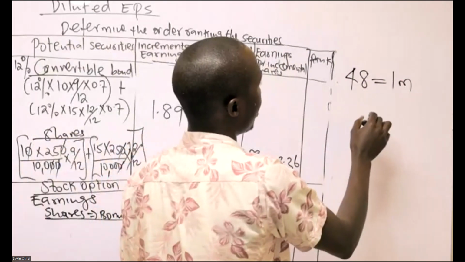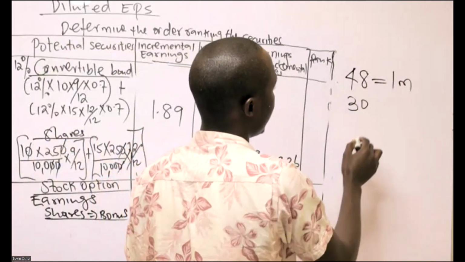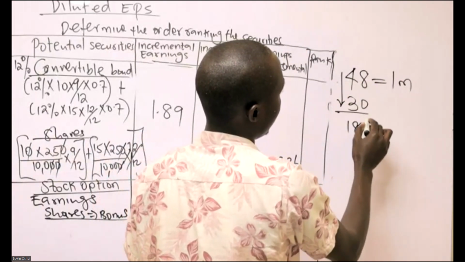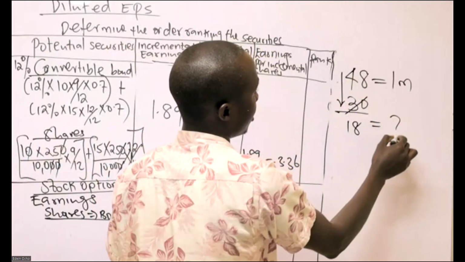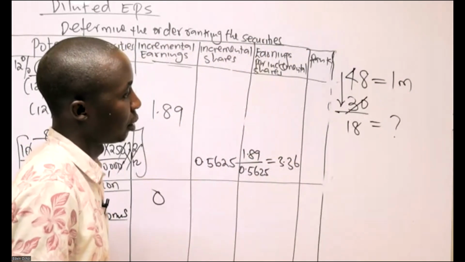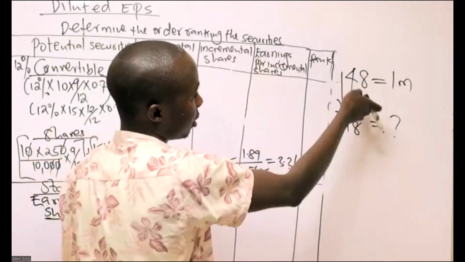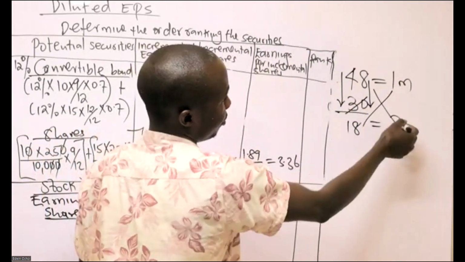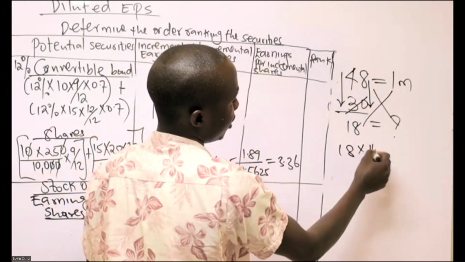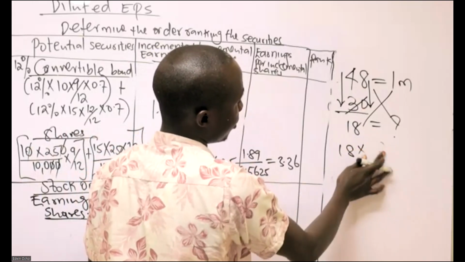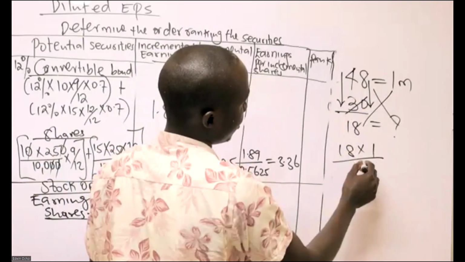They were given an option to purchase at 30, meaning that the bonus is 18. So the 18 is what we need to equate with, because it was at a lesser price by 18. So 18 times 1 million over 48.